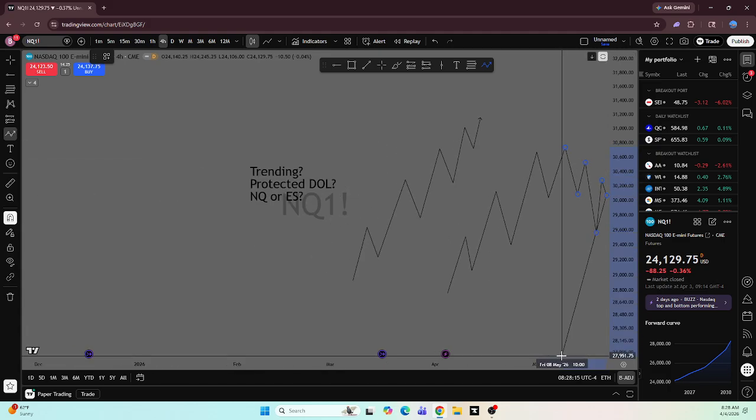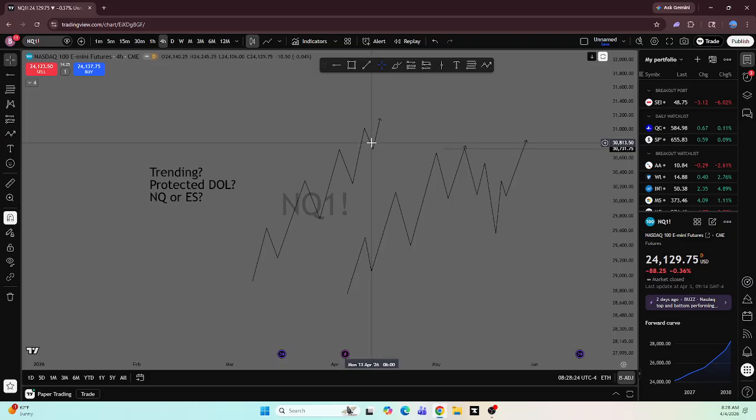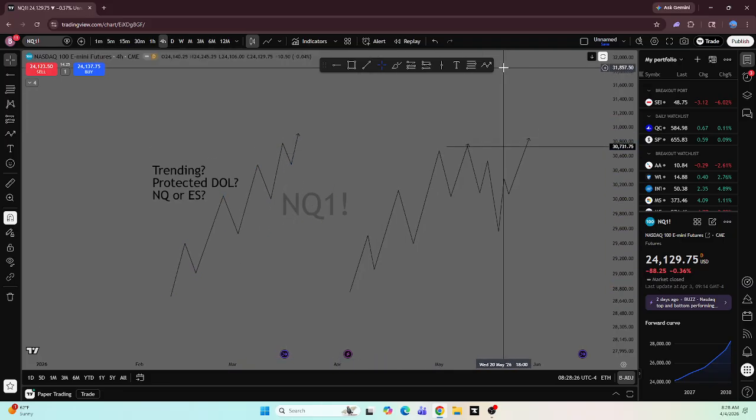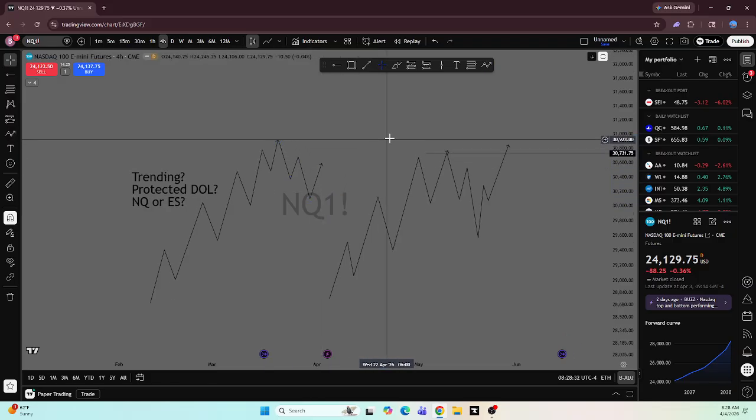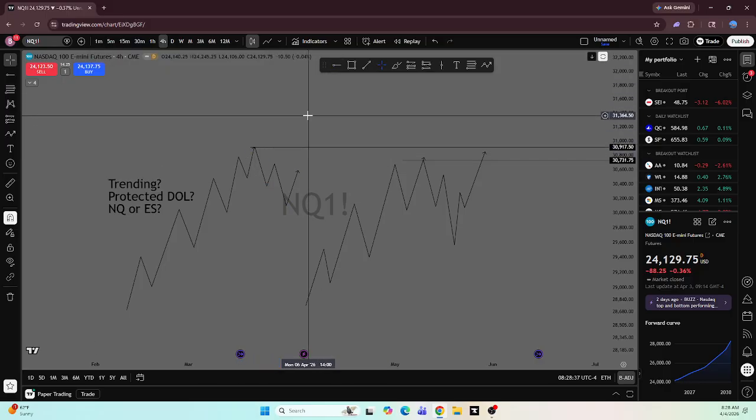Okay. Just taking out these highs. But ES is like this. Same candle right here, same exact time. But NQ is taking out these highs and ES has left them behind.